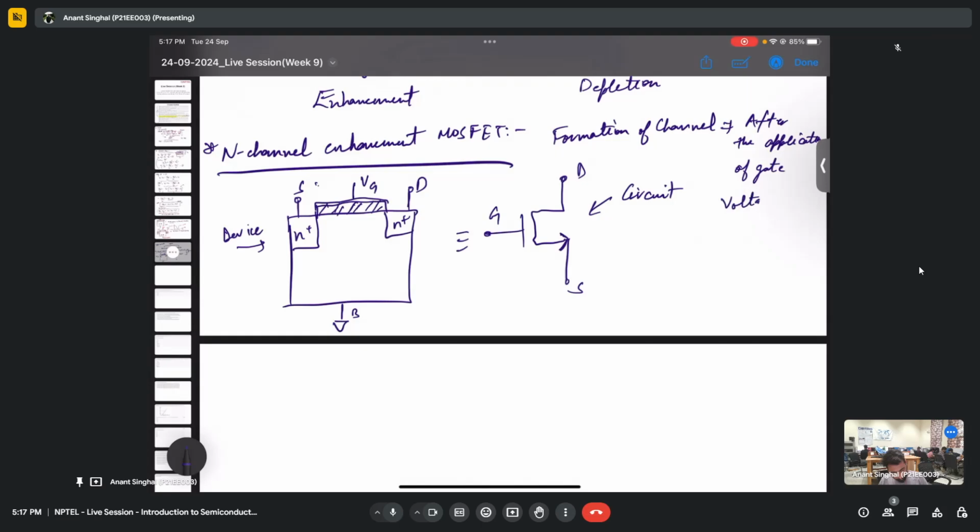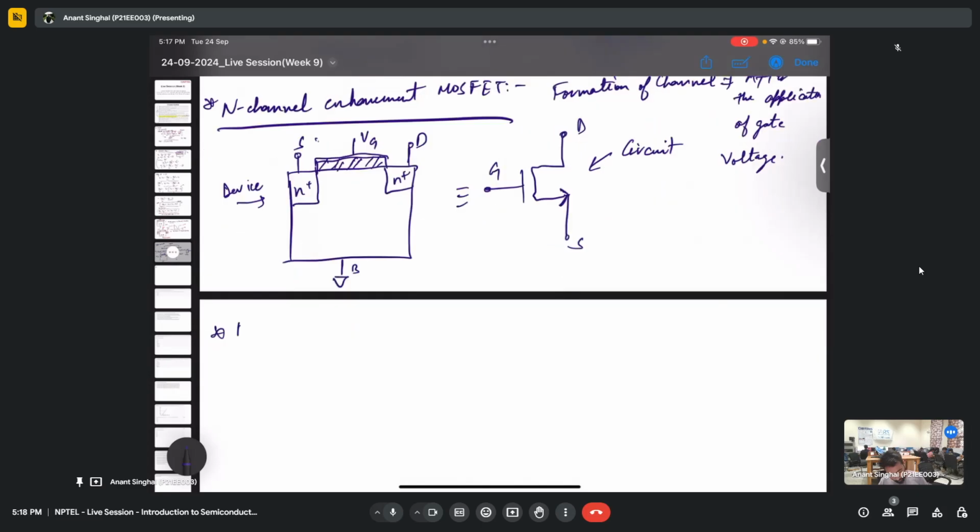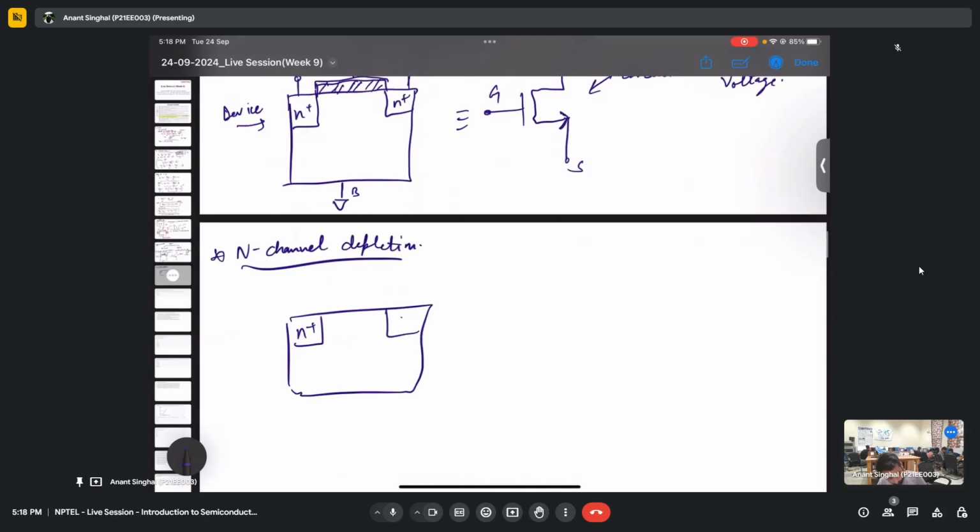Now if I say the same about the n channel depletion MOS, in the n channel depletion MOS we already have the channel. So if I draw this again, let's say I have this n plus again, but we already have a channel which has a certain number of electrons, and on top of that I have this oxide.